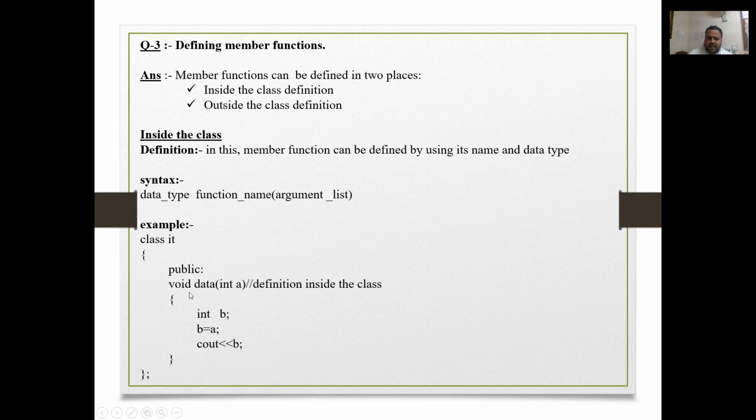So this is called the member function. I am taking curly braces on. I am taking integer b equal to a. So whatever value a has will come into b. cout b means this will be printed. Here I am closing the class. You are taking one function inside the class, that is called the member function.